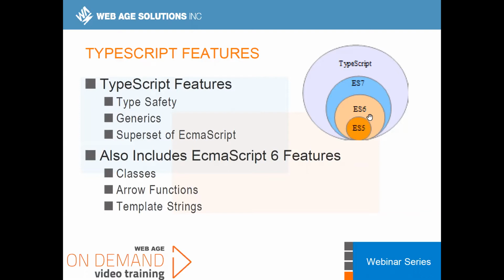Some of the popular things that it supports from ECMAScript 6 include classes for doing object-oriented programming, arrow functions, and template strings. These are part of the ECMAScript 6 feature set that also appear in TypeScript and are very useful in a lot of applications.